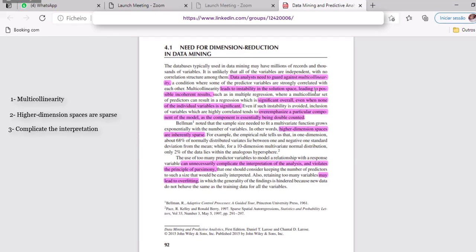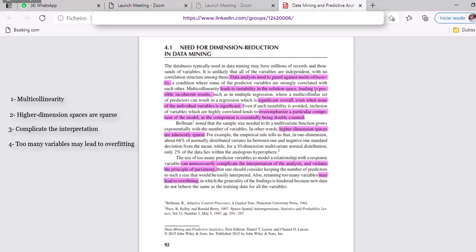Also, if we include too many variables, we can overfit the model, as we have seen in classes. If we overfit, we will get a good fit with the training data, but then we will not get good results with the new data that we insert in the model.